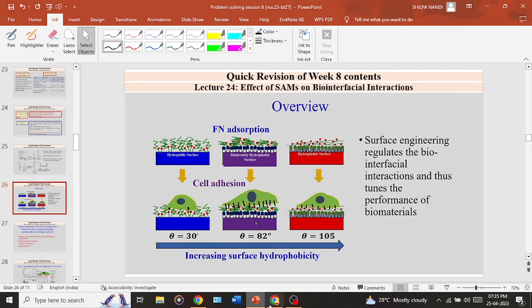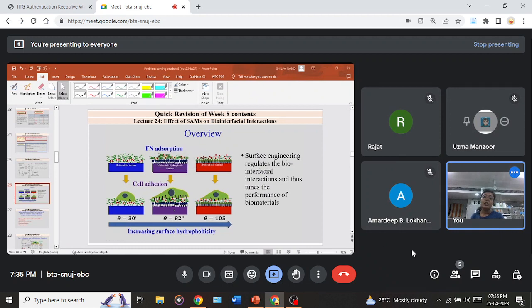Okay, so at the end it was seen that surface engineering basically regulates the biointerfacial interaction and thus tunes the performance of the biomaterials. So FN adsorption, that is fibronectin adsorption, in the case of a hydrophobic surface, a hydrophilic surface, or a moderately hydrophobic surface is very different. You can see that various surfaces have different cell adhesion and also different wettability properties.